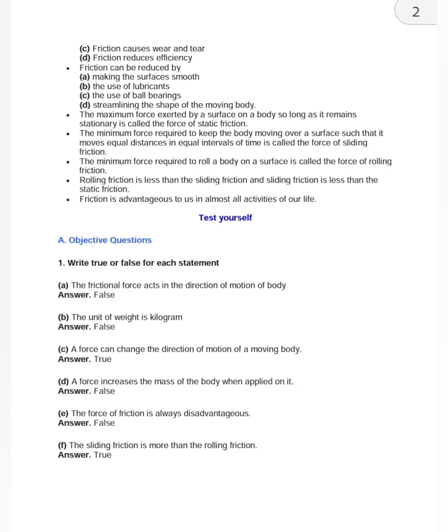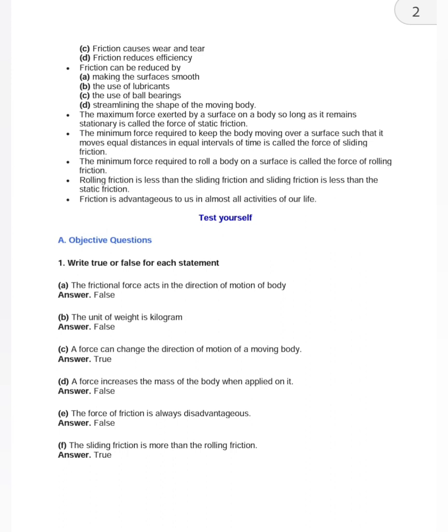The minimum force required to roll a body on a surface is called the force of rolling friction. Rolling friction is less than the sliding friction, and sliding friction is less than the static friction. Friction is advantageous to us in almost all activities of our life.